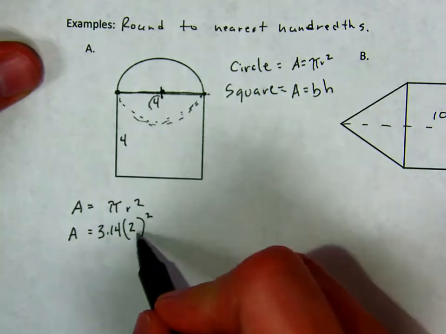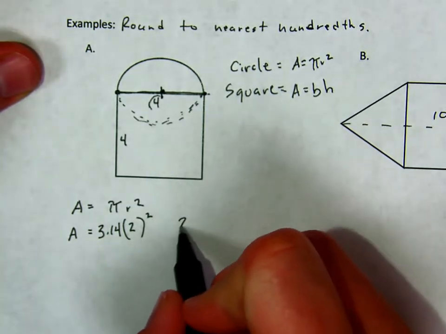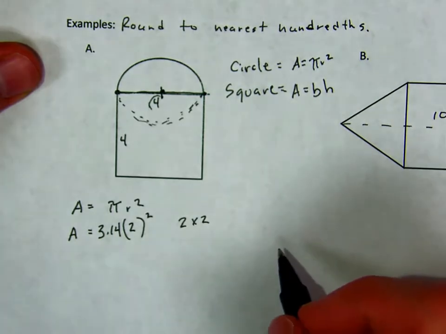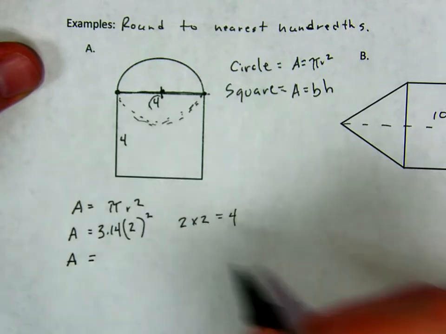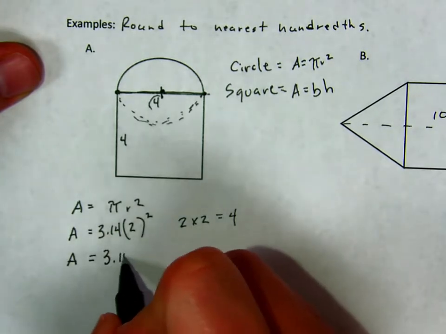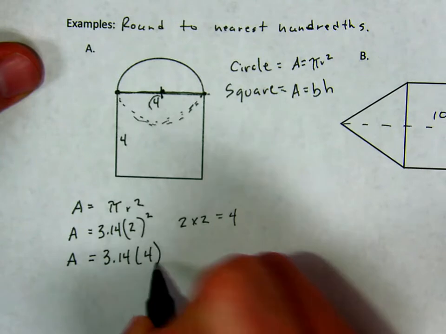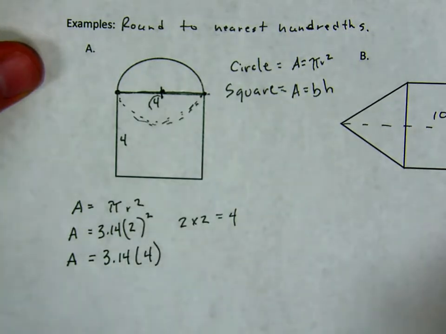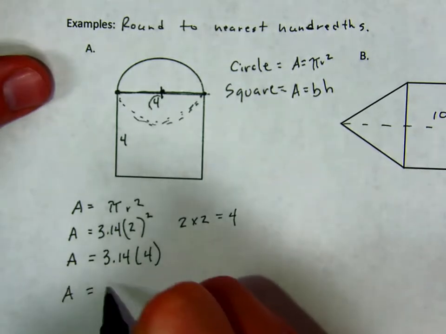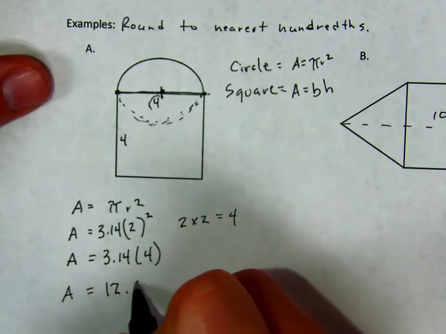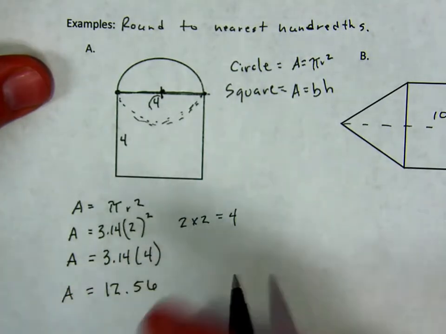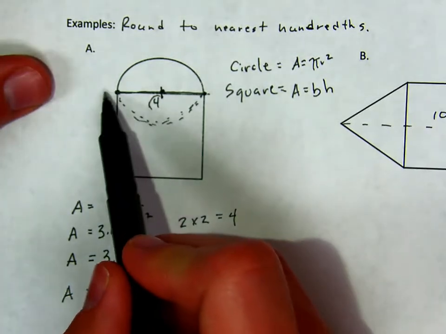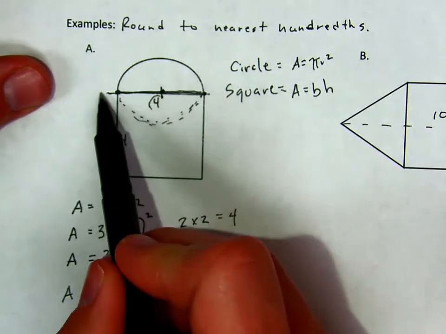Remember that squared represents that number multiplied by itself. That equals 4. So let's simplify that problem as 3.14 times 4. When we multiply that, we get area equals 12.56. That's the full area of the circle though. In this image, our circle is only halfway through.